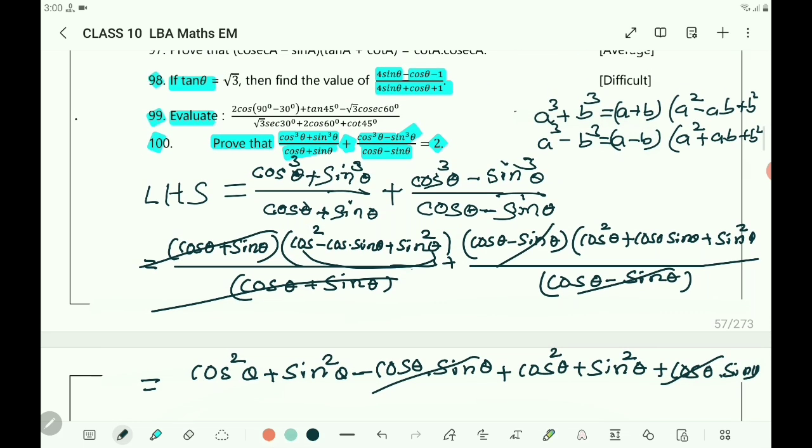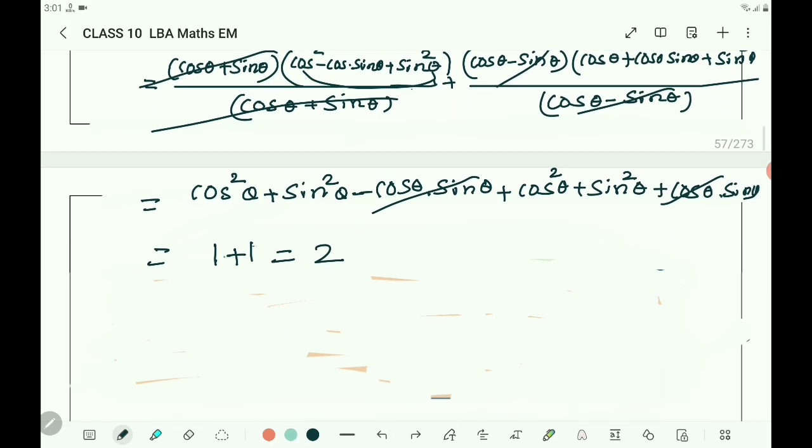So you got that cos cube theta plus sin cube theta by cos theta plus sin theta plus cos cube theta minus sin cube theta by cos theta minus sin theta is equals to 2.